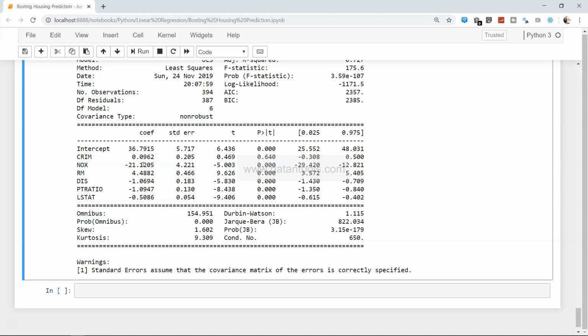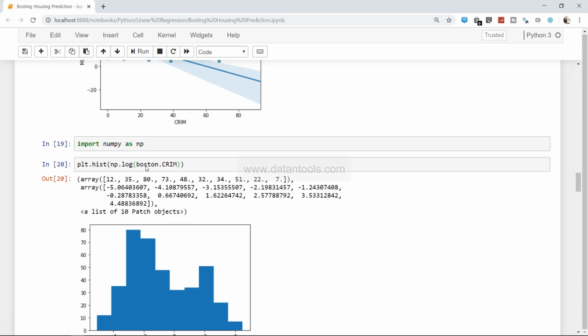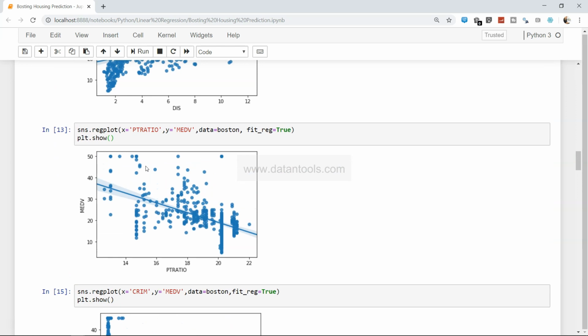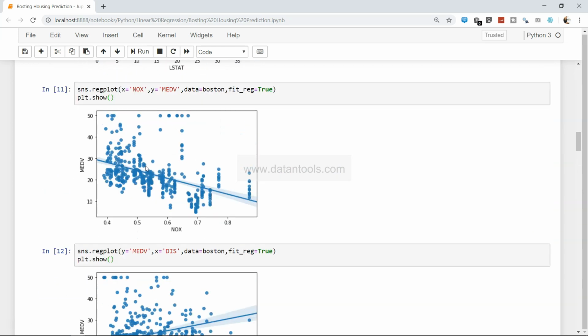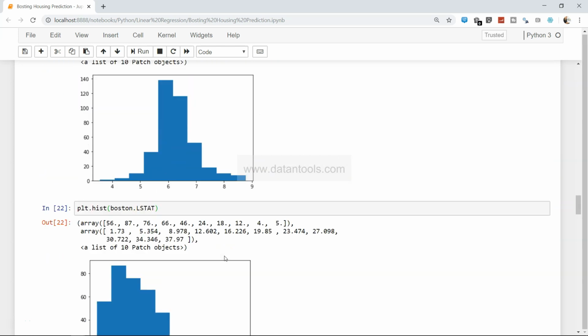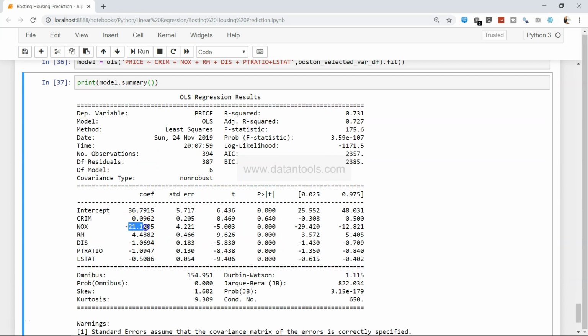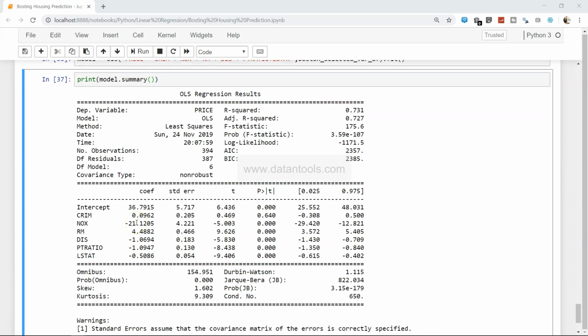That means it will reduce the value of the price. As you could see above there also, it has a negative correlation. If I just show you NOx, it's a negative correlation, and that's why down there we get the output also as negative 21.